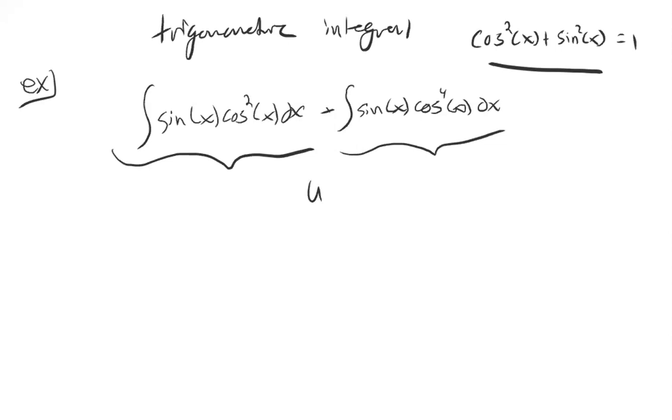Now we just say, okay, what if u is cosine of x? Then du is minus sine of x dx. And it's because we had that extra factor of sine in both of these that's going to allow us to go ahead and solve these integrals. So just as a little Calc 1 exercise refresher, wrap up the u sub on this one. It shouldn't be anything too far out of reach for anyone.